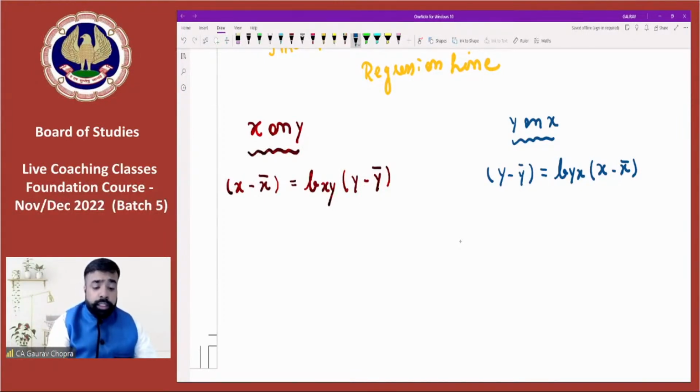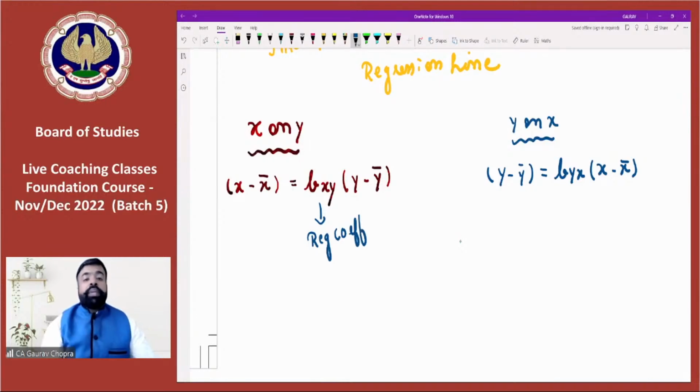Now this bxy is known as the regression coefficient. Byx is also a regression coefficient. That means in regression, there are two coefficients. One is for x on y, the other is for y on x.